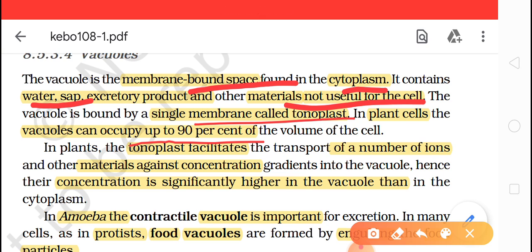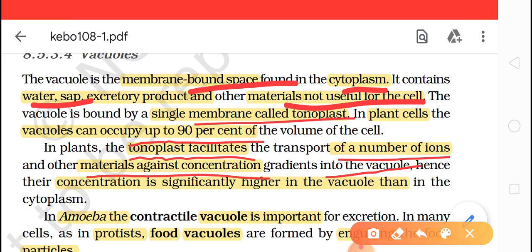Okay, next, in plants the tonoplast facilitates the transport of a number of ions and other materials against concentration gradients into the vacuole. Against means from lower concentration to higher concentration.